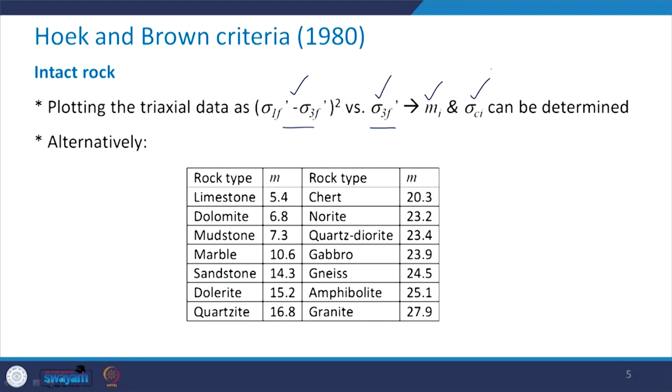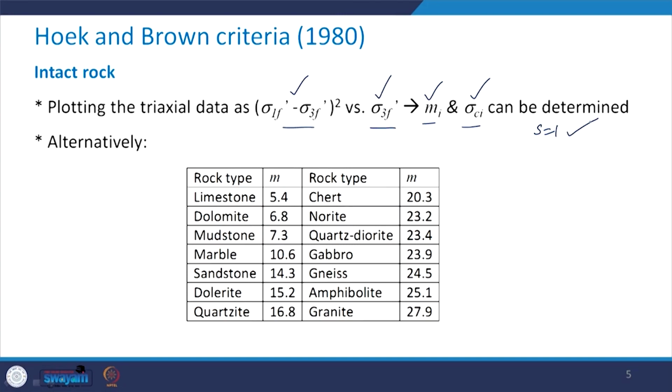The parameters were s, m and sigma ci. So, this is the way we can find mi and sigma ci, and you have seen that s is going to be equal to 1 in case of the intact rock.